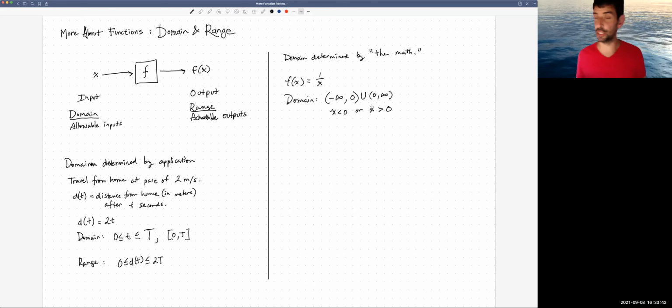Both of these are a bit cumbersome, and so often when we have ourselves in a situation where it's easier to say what isn't allowed, convention would have us say something like, we could say the domain is all x except x equals 0.